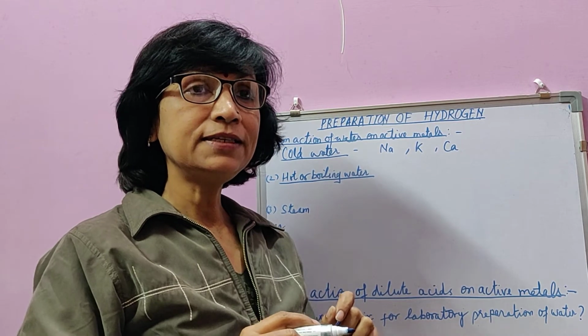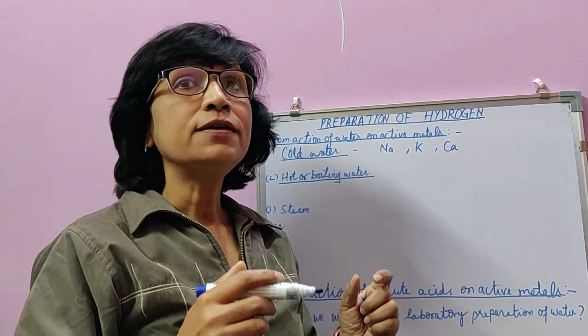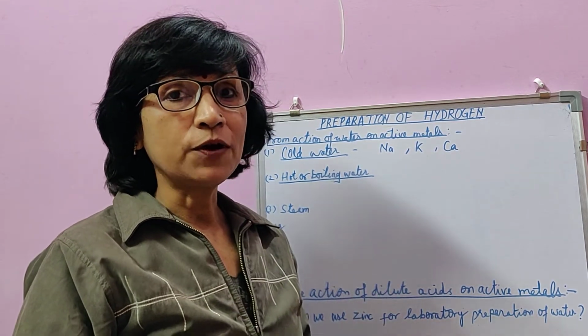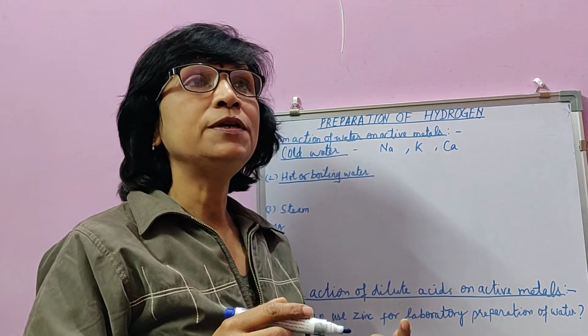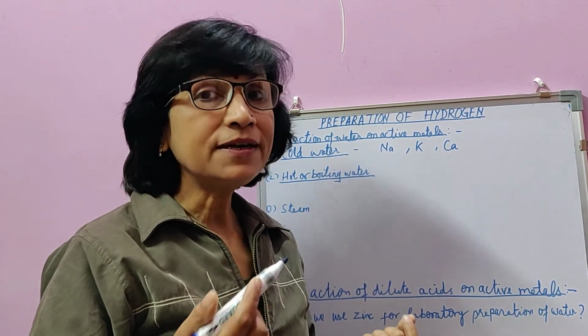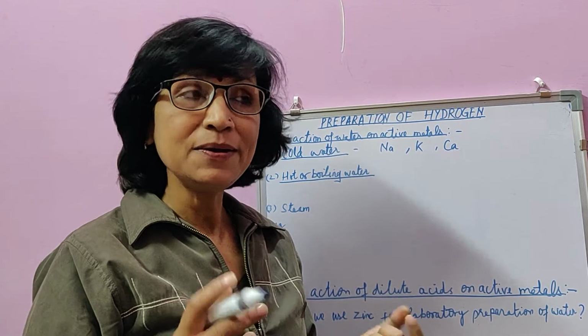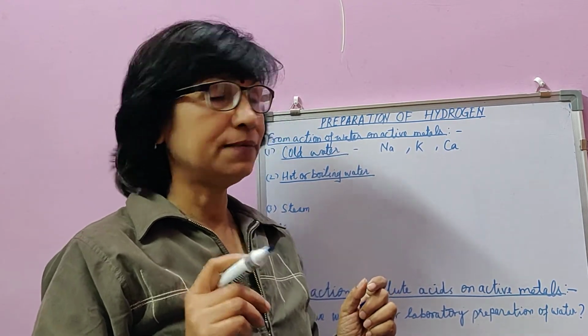The difference is that for displacement of hydrogen from water, metals need to be not just a little bit more active than hydrogen, but quite a lot more active than hydrogen.